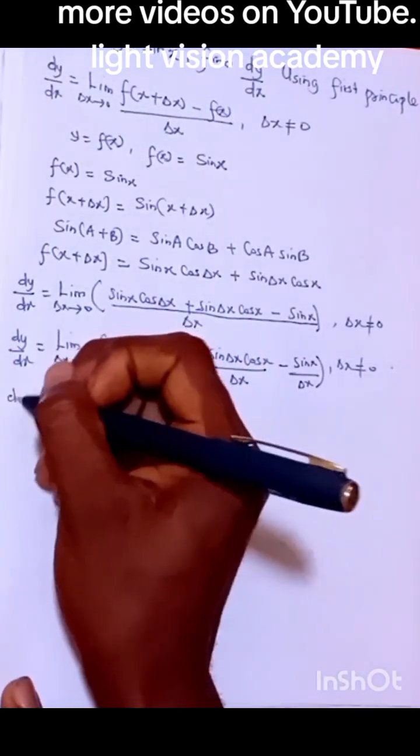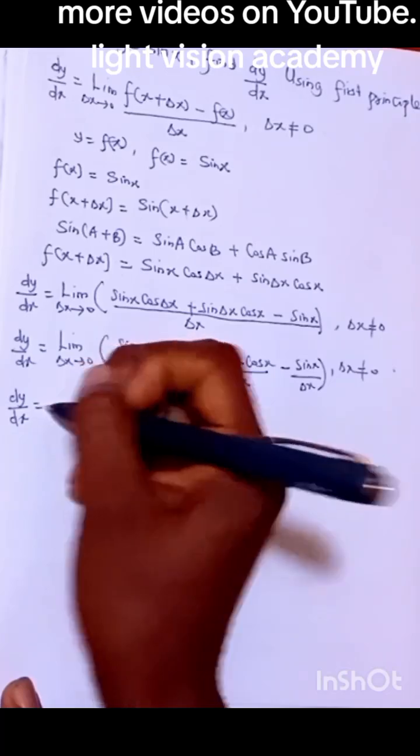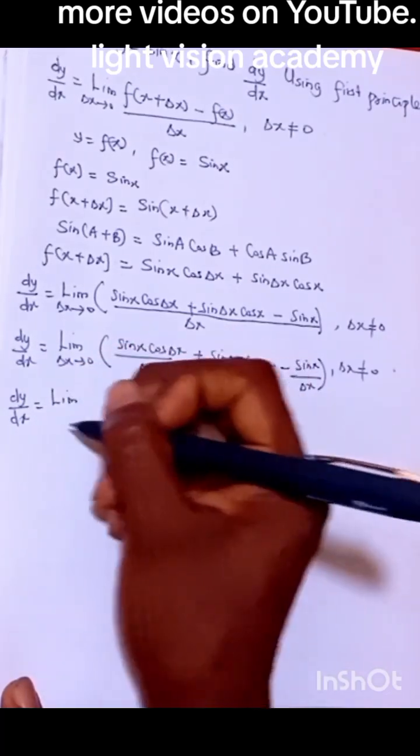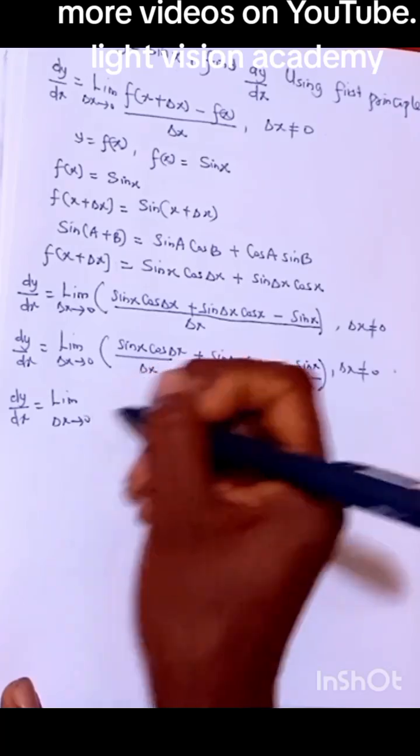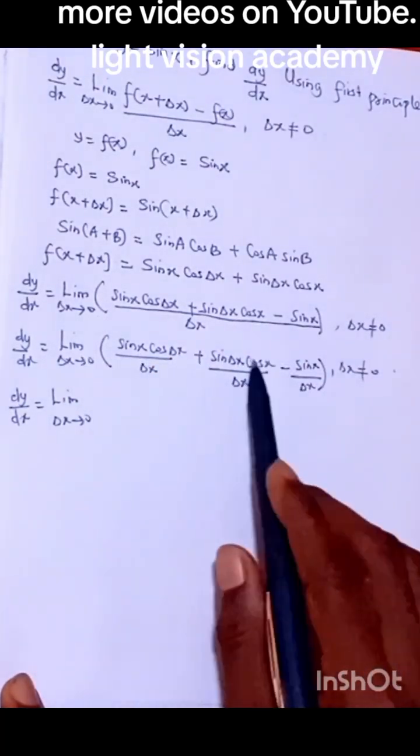Then here we now have dy/dx equals the limit as Δx tends to 0. We multiply each of the terms inside.